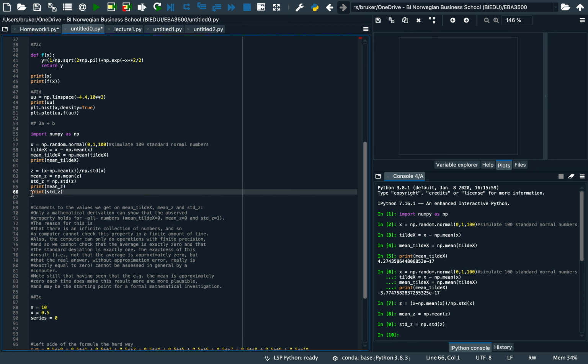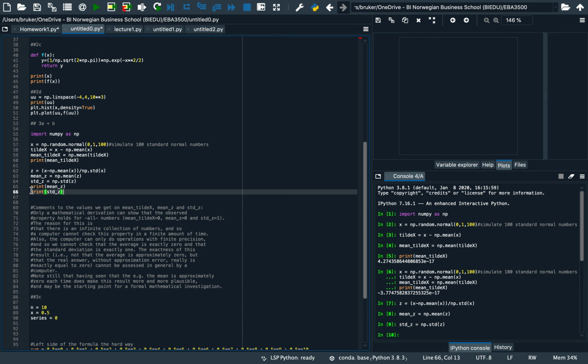And as I told you lastly, tilde x can be shown mathematically to always be 0. Likewise, we can show that the standard deviation of standardized variables in this example always will be 1.